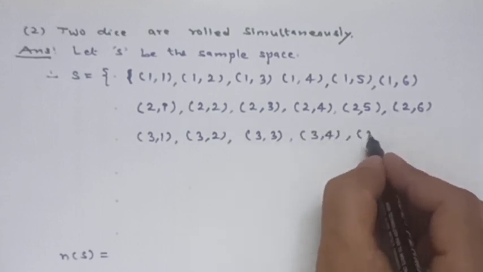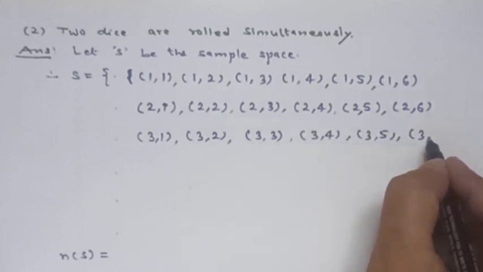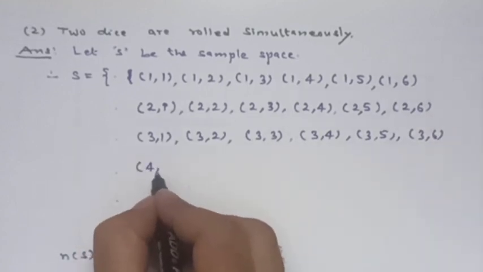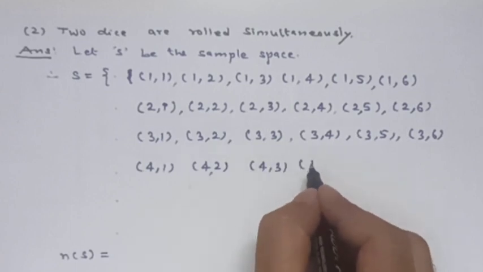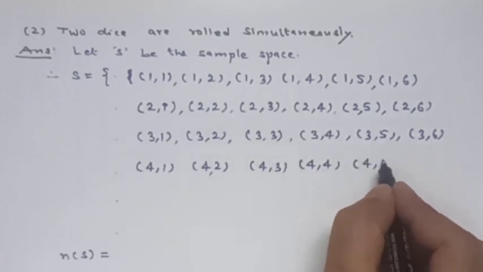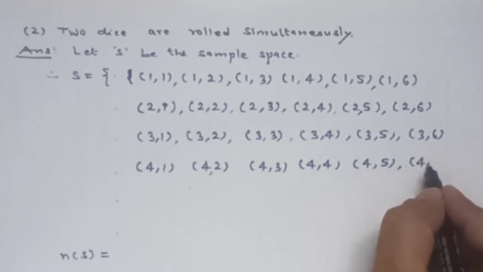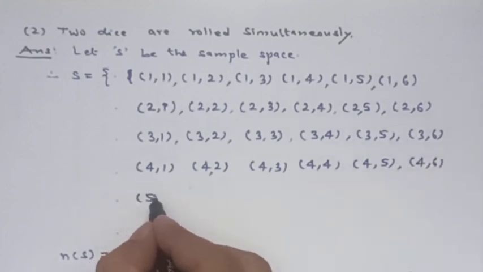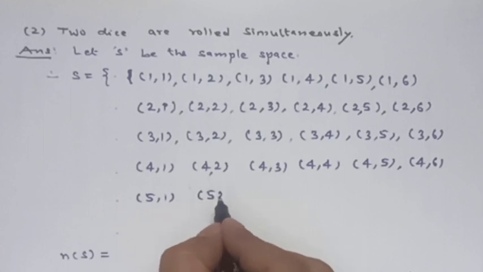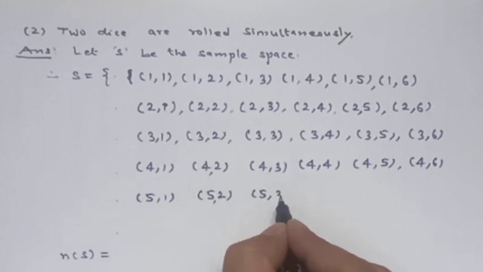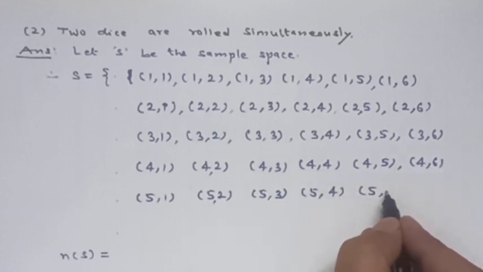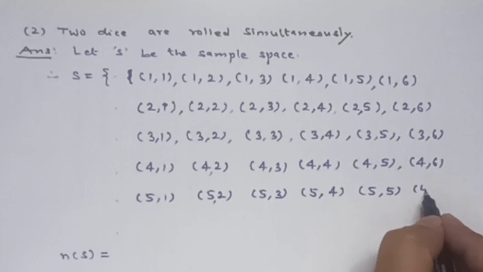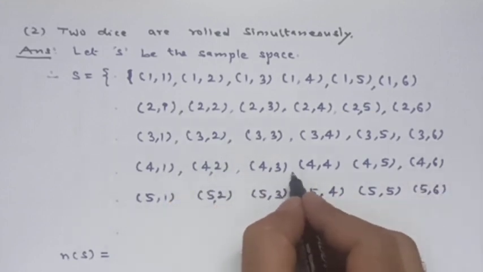So (3,4), (3,5), (3,6), (4,1), (4,2), (4,3), (4,4), (4,5), (4,6), (5,1), (5,2), (5,3), (5,4), (5,5), (5,6). Put brackets and commas.